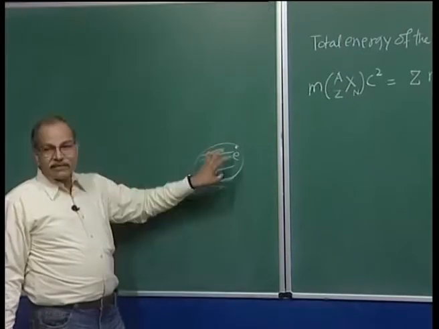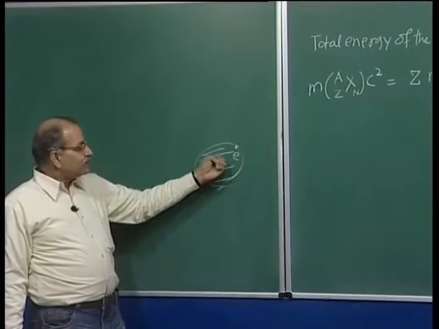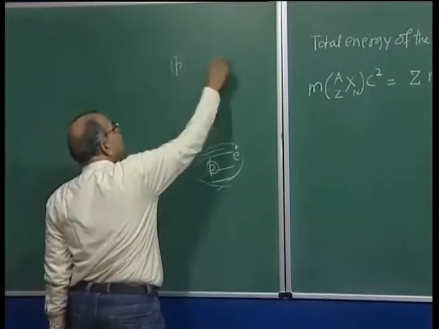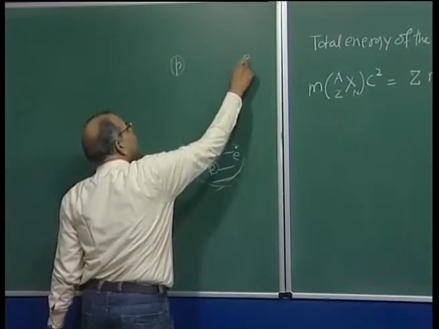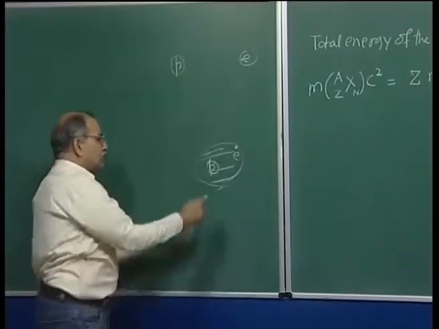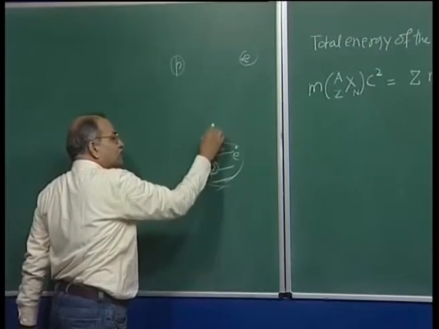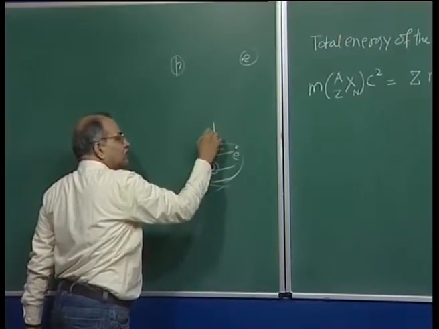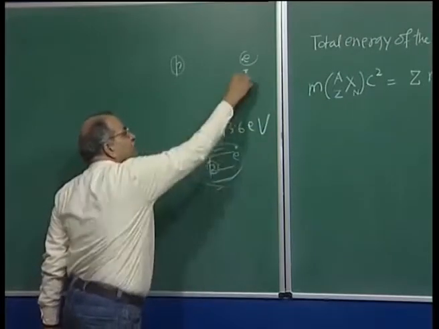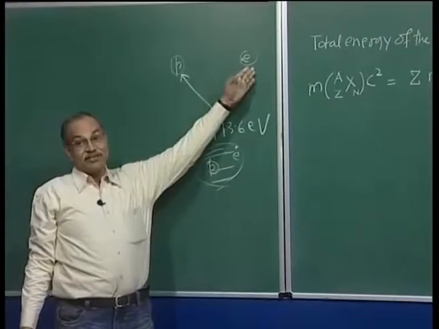If it is in ground state, you give 13.6 electron volt, then this will be separated. Separated means proton and electron, not bound, separate. Electron is here, proton is here. Okay. So, this hydrogen atom you have to supply plus 13.6 eV, then you get this and this, and anything extra will result in kinetic energy of these things.